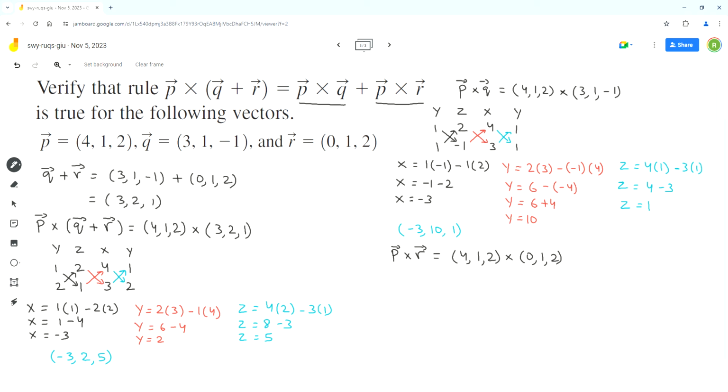Now we can stack their y, z, x, and y components.